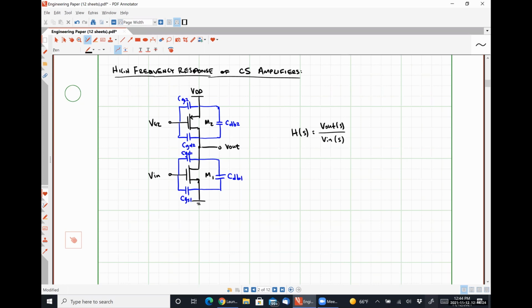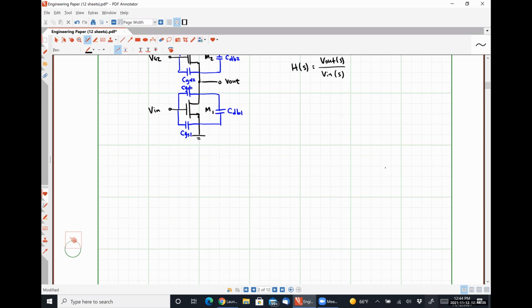So effectively, we're looking for the voltage gain of this guy, where these capacitors have an impedance. So our small signal model will look like this guy here.